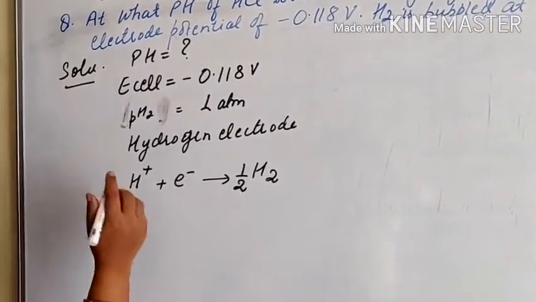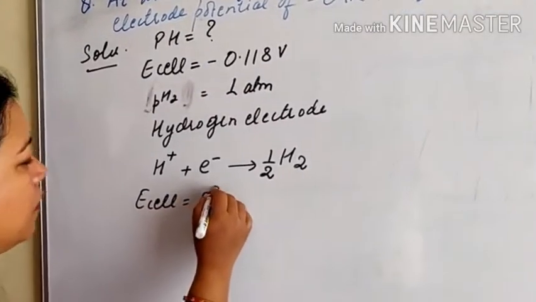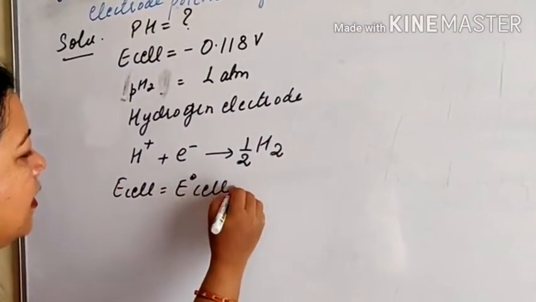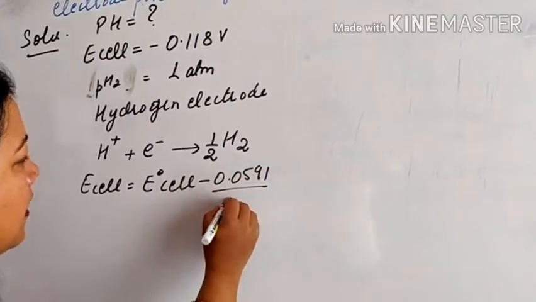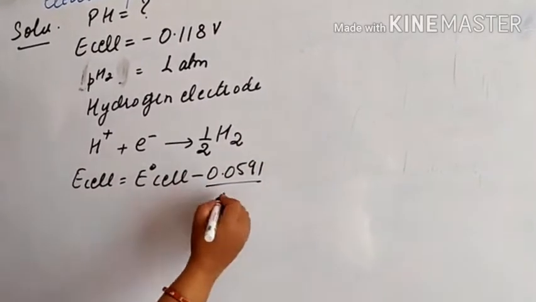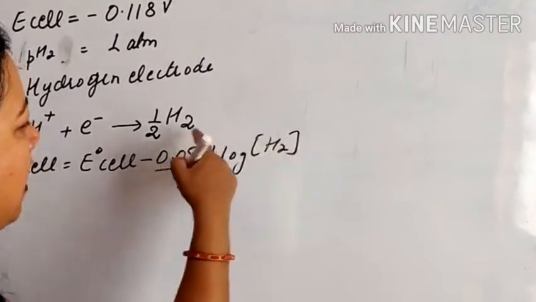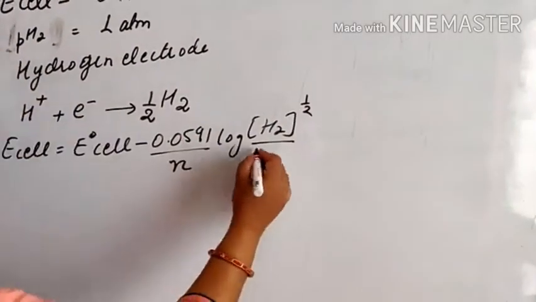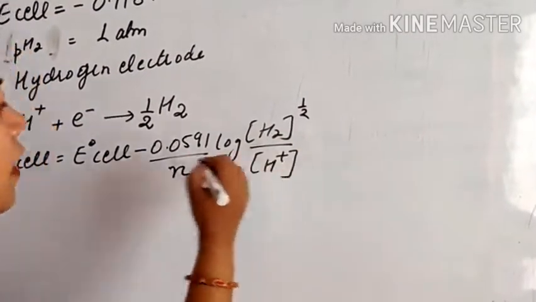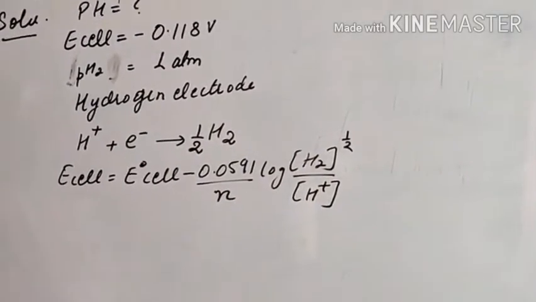Now we'll write the Nernst equation for this cell. E cell equal to E naught cell minus 0.0591 upon n, n is the number of electrons, log of H2 raised to the power half upon H+. So this is how we write the Nernst equation for the half cell of the hydrogen electrode.